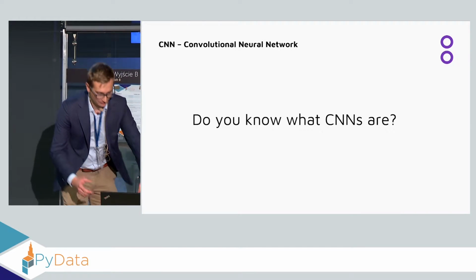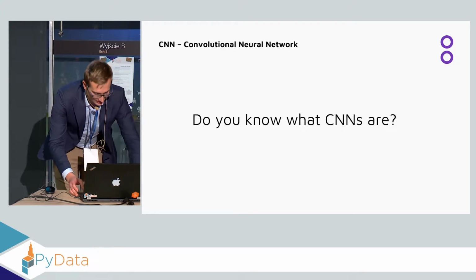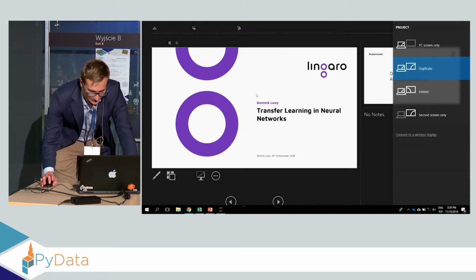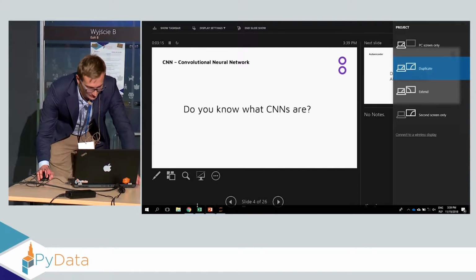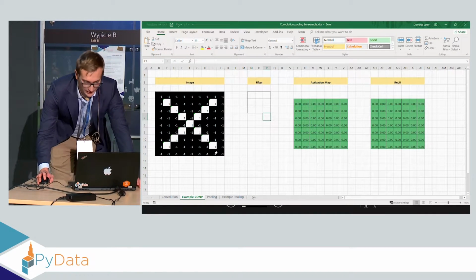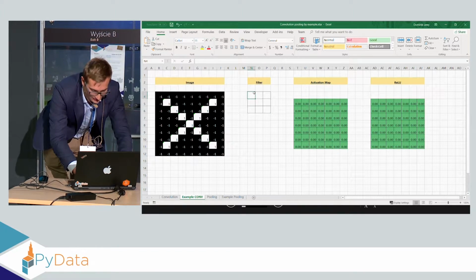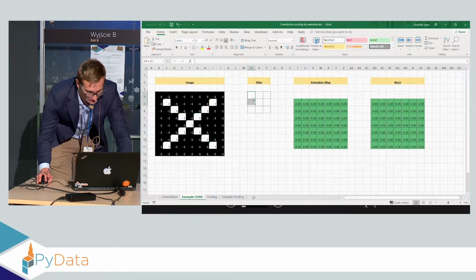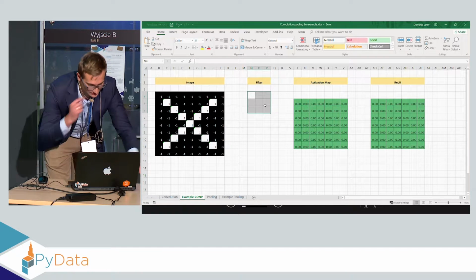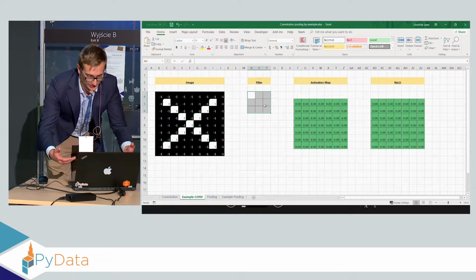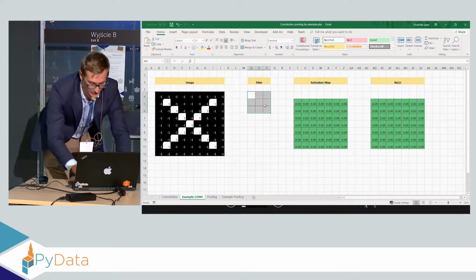I have a neat example on how to apply convolutions, but I don't know how it's going to work, so I will make just one try. Okay, so right here, you can also see the Excel. Perfect. So here we have an image of an X, and we are going to apply a filter that is going to find some pattern. And this is exactly the convolutional operation.